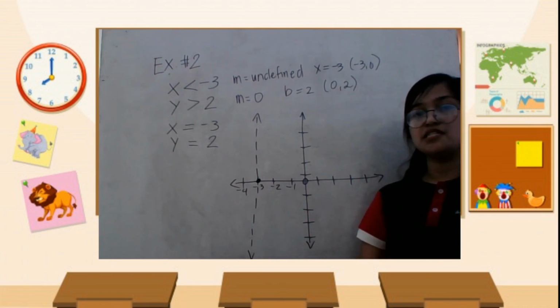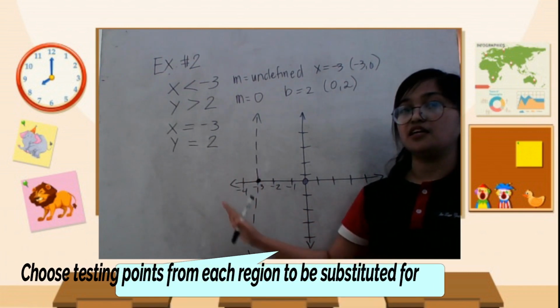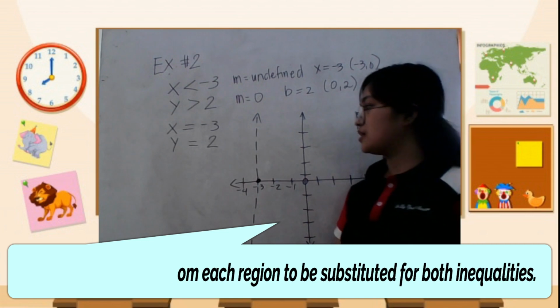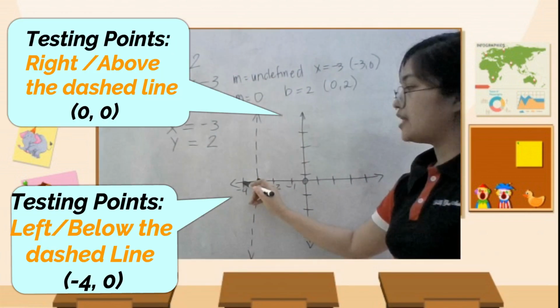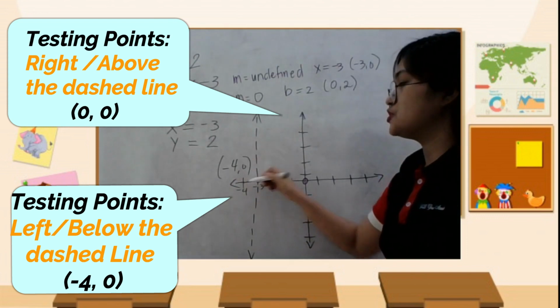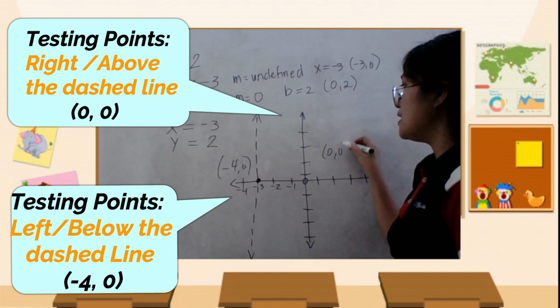Now, let's have a testing point for us to prove na ito talagang left side ang ating i-graph. Okay? So, sa ating testing point, ang gamitin natin sa part na ito ay itong negative 4 and 0. And syempre, dito sa kabilang part ay yung ating origin, 0 and 0.